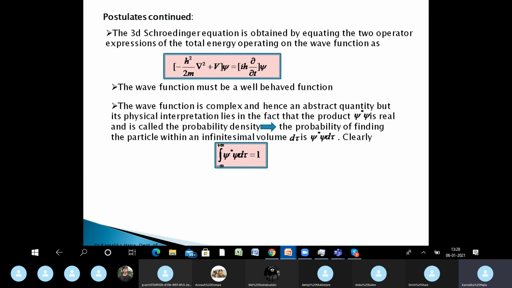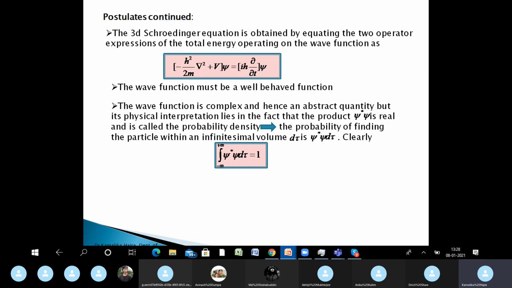The wave function is complex and therefore an abstract quantity. So the function must be such that it always abides by the condition of the Born interpretation. That is, psi star psi, the real value, must represent the probability density.